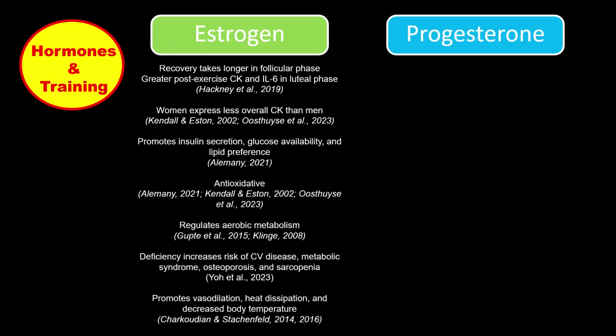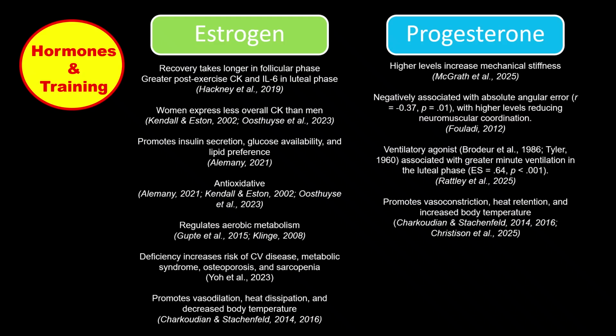Estrogen has demonstrated antioxidative properties, and a big thing is that deficiency in this increases risk for a bunch of diseases and various osteopathic and skeletal muscular conditions. Also, regarding thermoregulation, estrogen promotes vasodilation, heat dissipation, and decreases body temperature, which we'll see in a moment is the opposite of what progesterone does.